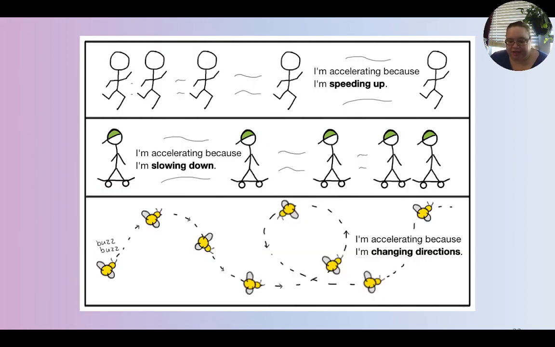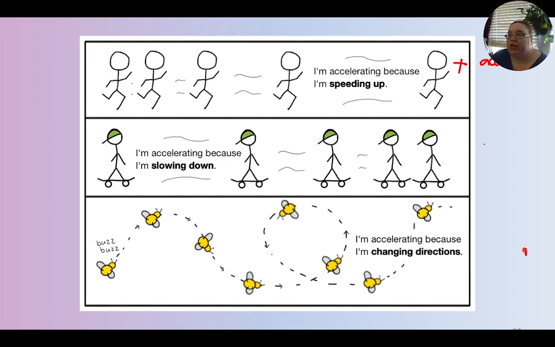So in terms of terminology, if we are speeding up, our velocity is increasing, and that will result in a positive acceleration. So if we are slowing down, we have a decrease in velocity.